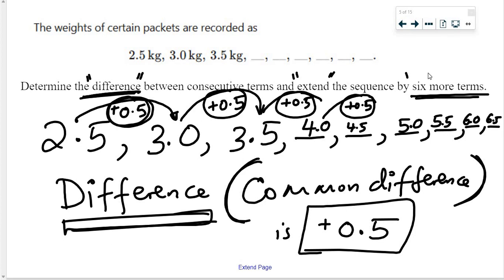Now, since they need only 6 more terms, after 3.5 comes 4.0, 4.5, 5.0, 5.5, 6.0, 6.5. These are 1, 2, 3, 4, 5, 6 more terms. So I hope you can pause this video and take a screenshot of this question and the answer as well.